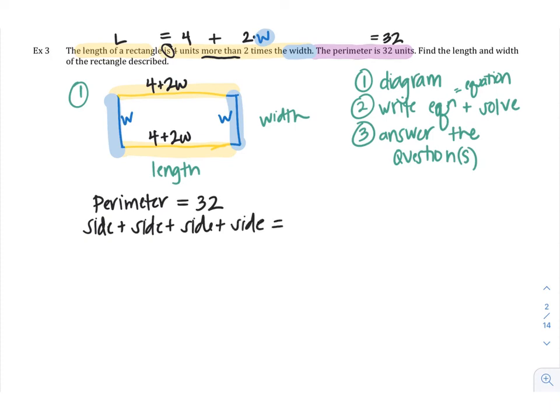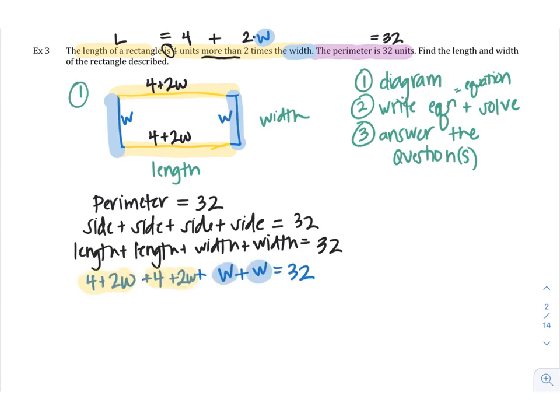I can even be more specific, and you don't have to write this down, but length, and I have 2 width, and so I'm going to fill in what I know. And so I filled in my 4 side lengths.